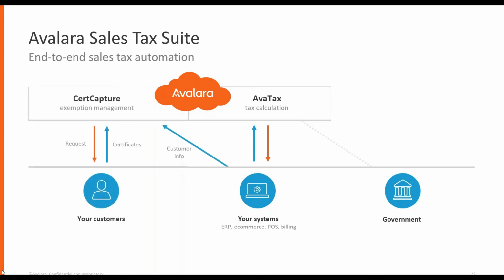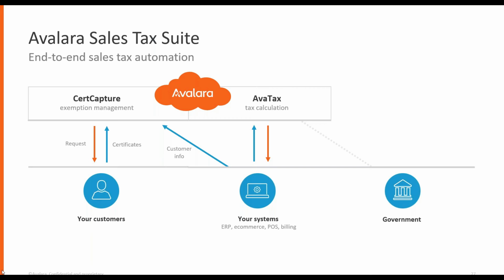Now, when you look at another step, we talked a lot about cert capture. If you use the cert capture product, in that same instance, when it's making that taxability call, it's going to take a look and say, okay, is anything on this invoice associated with an exempt customer? It's going to make that call, take a look, should it be taxed, should it not be taxed, fully integrated.